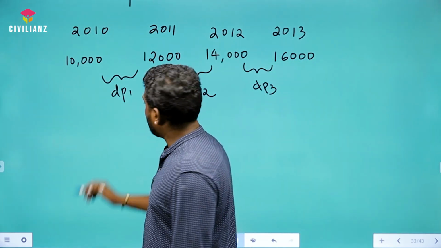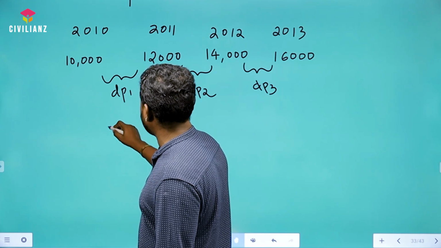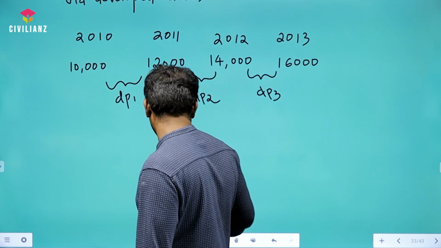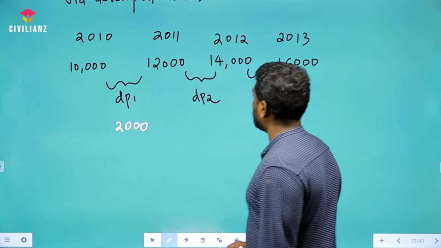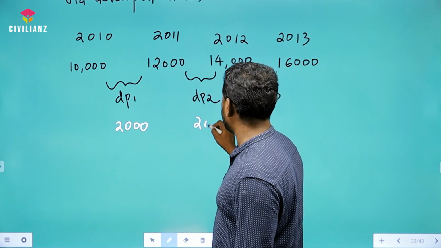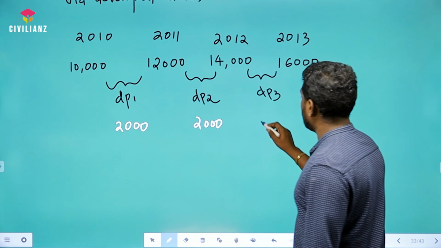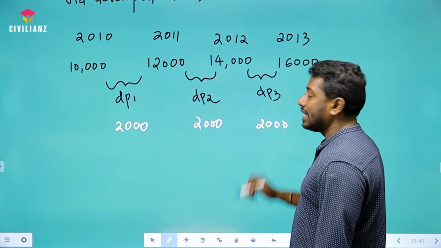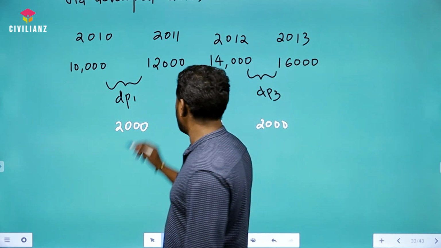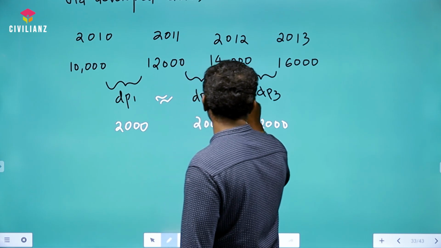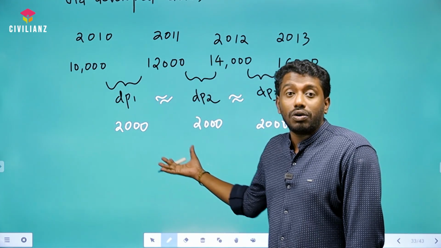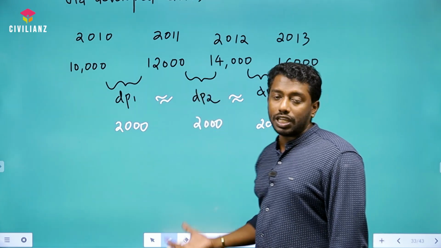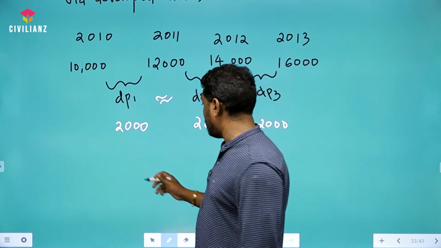dp1, the change in population during the first year, is around 2000. The change in population during the second year, dp2, is also 2000. dp3 is also 2000. So dp1 is almost equal to dp2, which is almost equal to dp3, though they will not always be exactly equal.